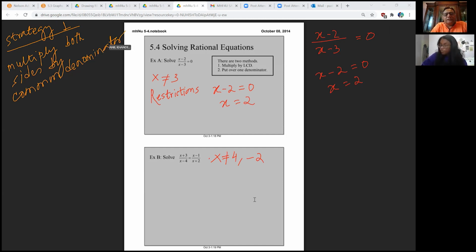In this case, one denominator is x minus 4 and the other denominator is x plus 2. So we can multiply by their product, correct? If you do that, what do you get?